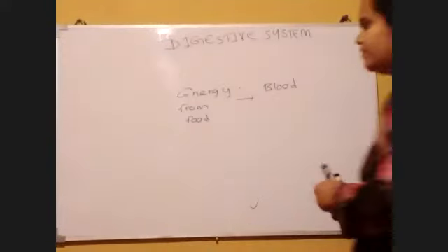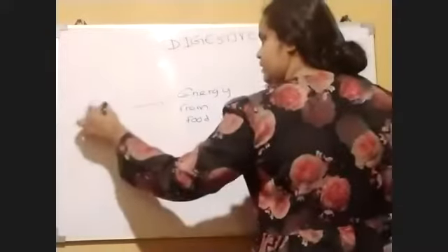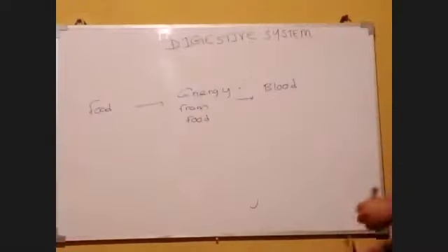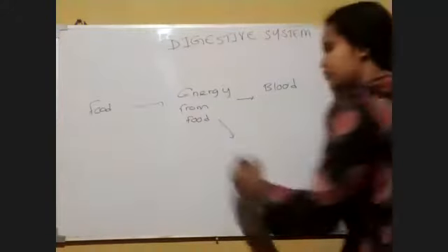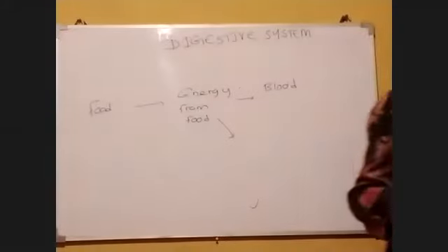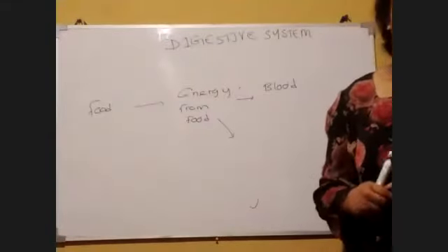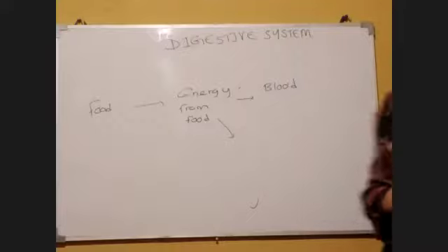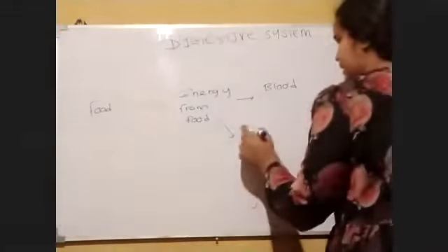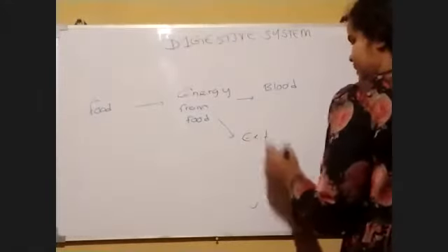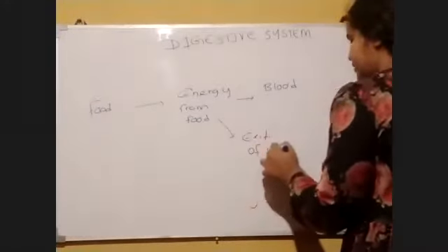First, we are converting our food into energy forms, and then they are transported into the blood, and finally we know that in every process there is a waste product. So the remaining waste products will exit.